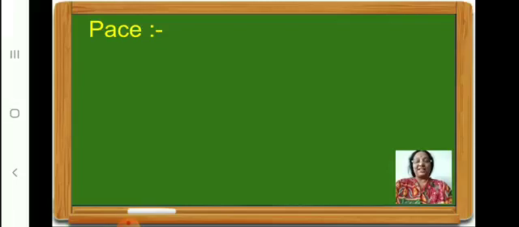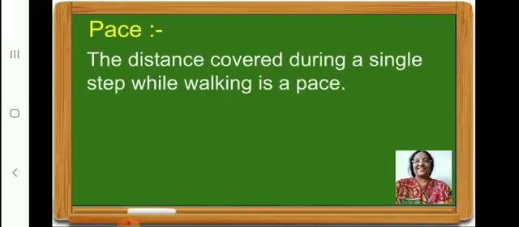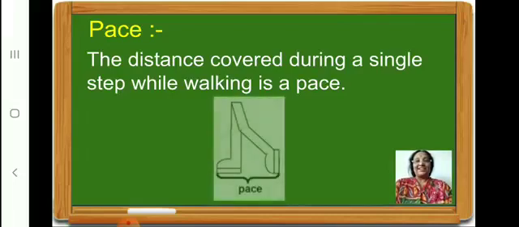Now let us see what is pace. Children, the distance covered during a single step while walking is a pace. The distance covered during a single step while walking is a pace.